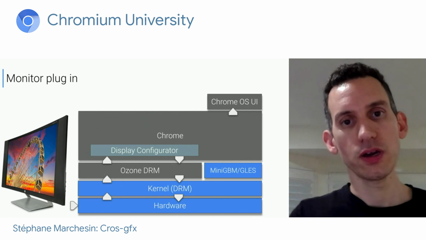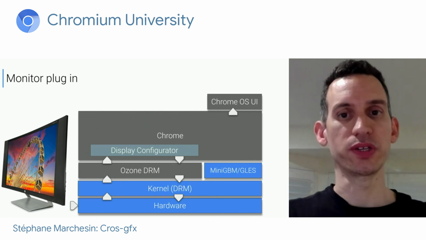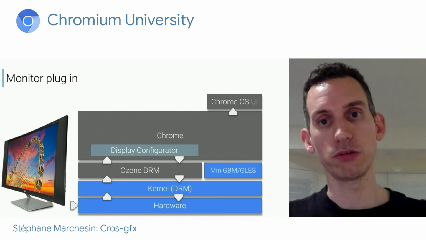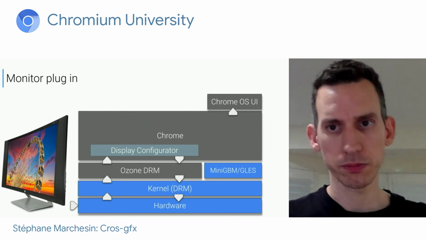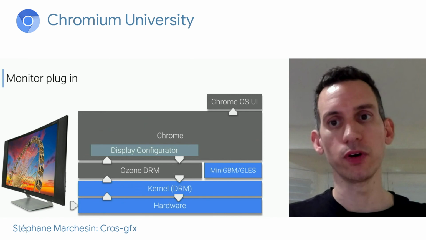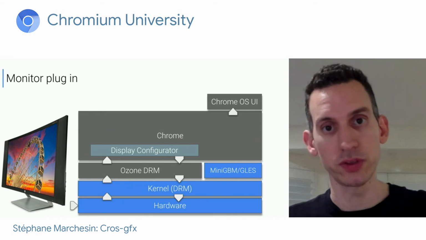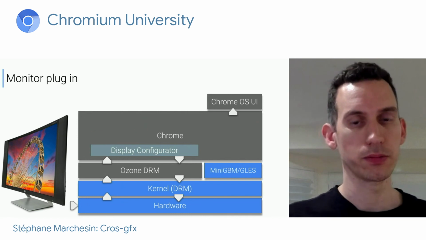So when a new display is plugged in, the very first thing that happens on the bottom left here is that the hardware will generate a hardware interrupt. At the hardware level, this is a direct effect of the fact that we have physically plugged the display.